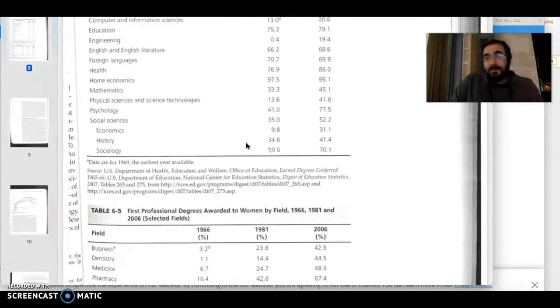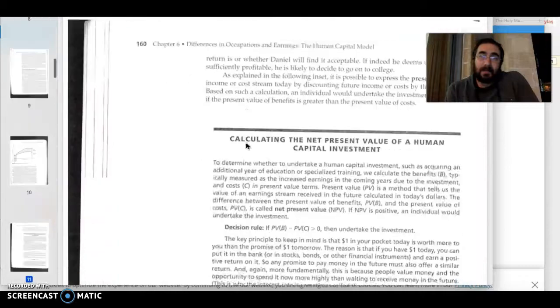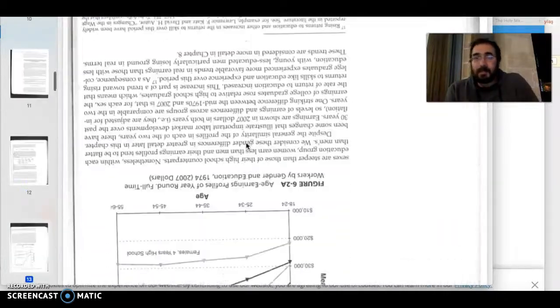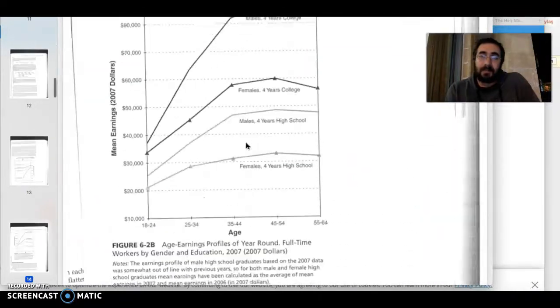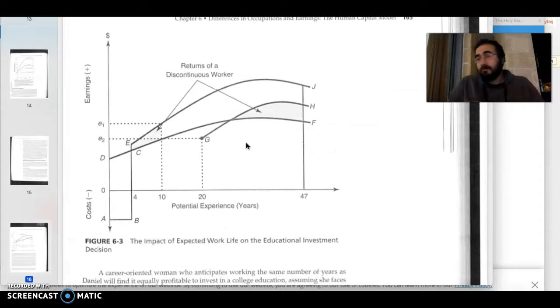Let's start with the assumption that women won't be able to advance in their careers as much as possible. This case is represented with this graph.